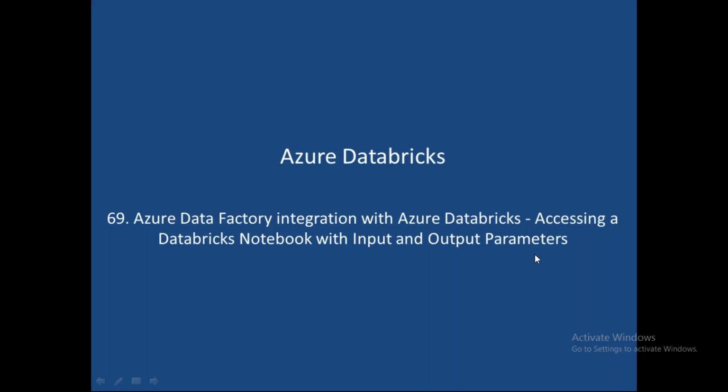Let's say I have written just 1 million records to my output folder. So this is the message I want to return to my Azure Data Factory, where we are calling this Databricks notebook. To that place, I want to return this output. How can you return it?